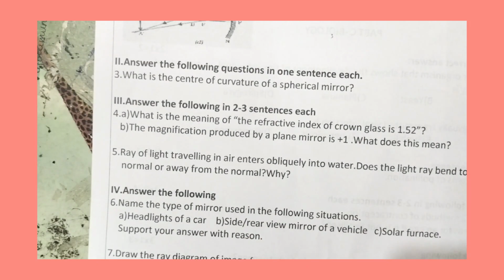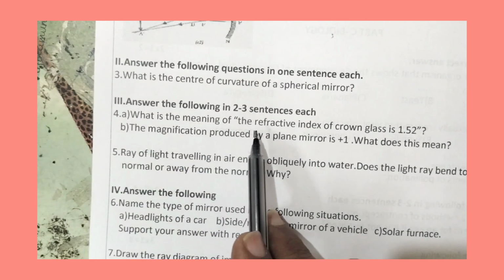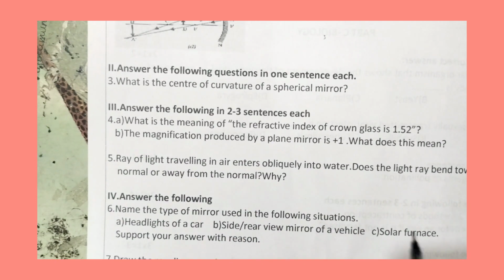Now the third main, that is the fourth question: what is the meaning of the refractive index of Crown glass is 1.52?